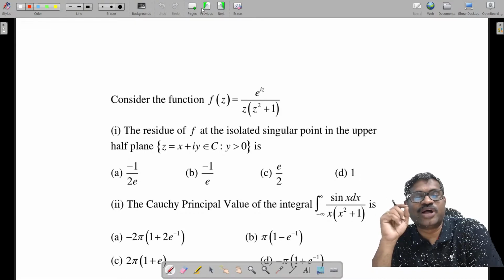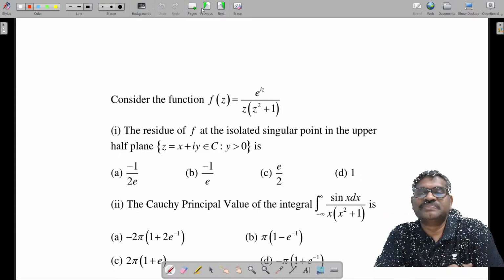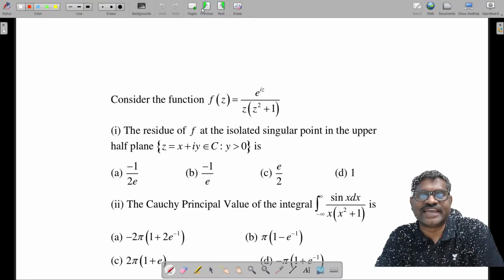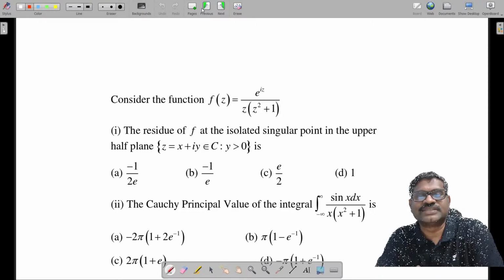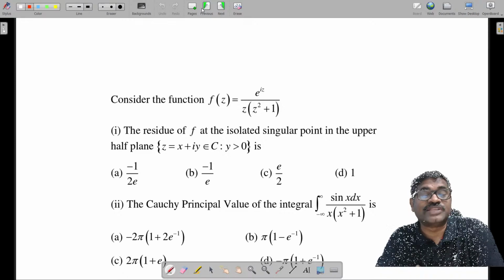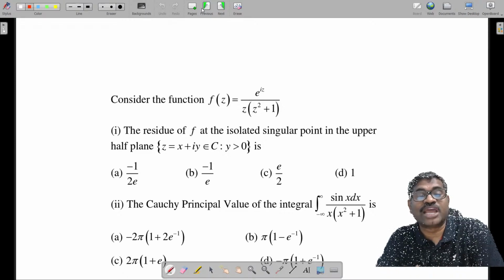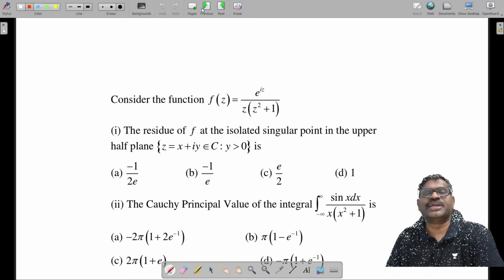The residue of f at the isolated singular point in the upper half plane is, first you have to identify singular points. Whichever singular point is in the upper half plane, you have to calculate the residue of that function first. Observe here.